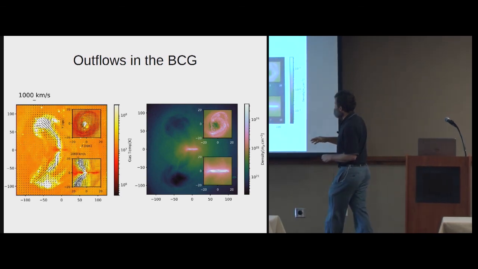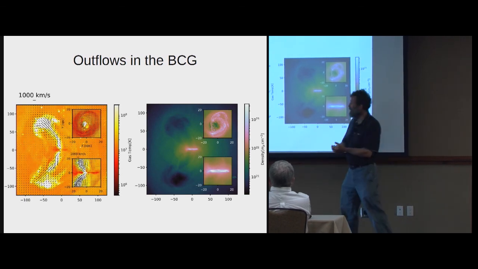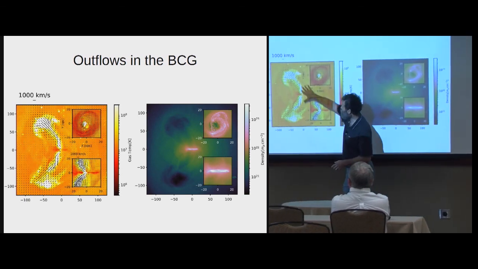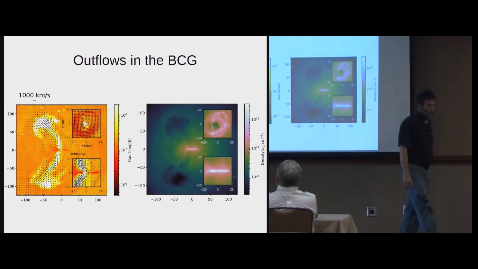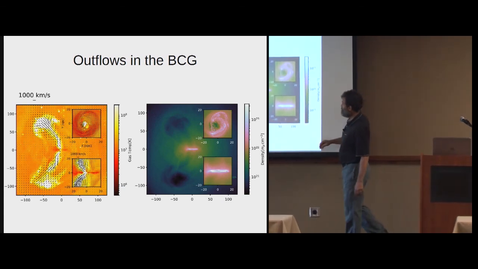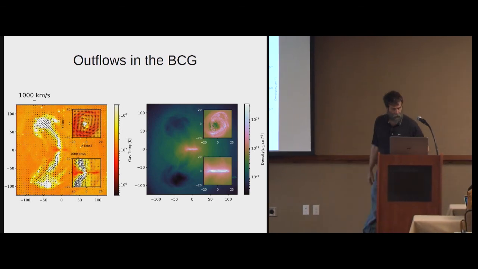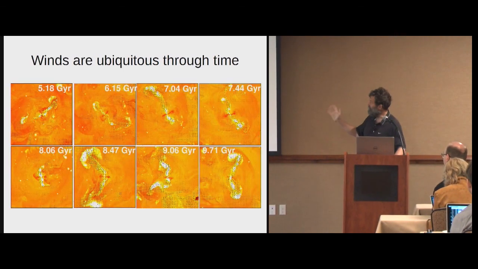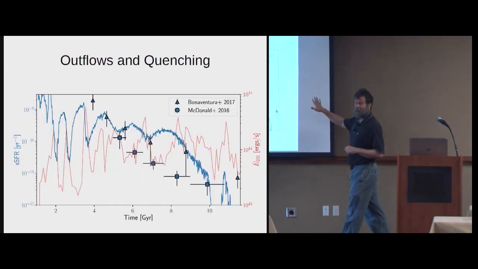The material in the galaxy, or actually I don't know why this is happening, but it is forming these columnar flows into the surrounding regions of the cluster, evacuating these cavities around the central cluster galaxies. These flows are happening across cosmic time, and the flows are quenching the star formation.